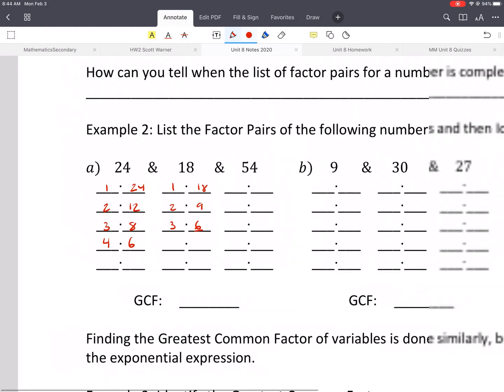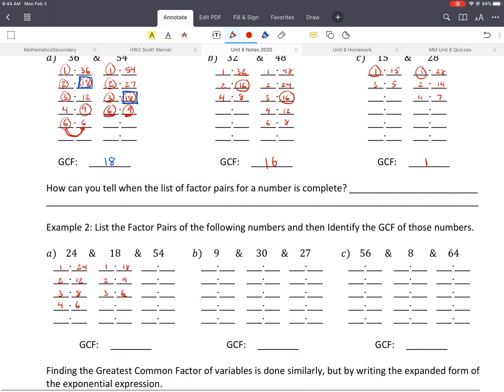And then 54, I think we already did it up right above. I'll just rewrite that. So we have 1 and 54, 2 and 27, 3 and 18, and 6 and 9.